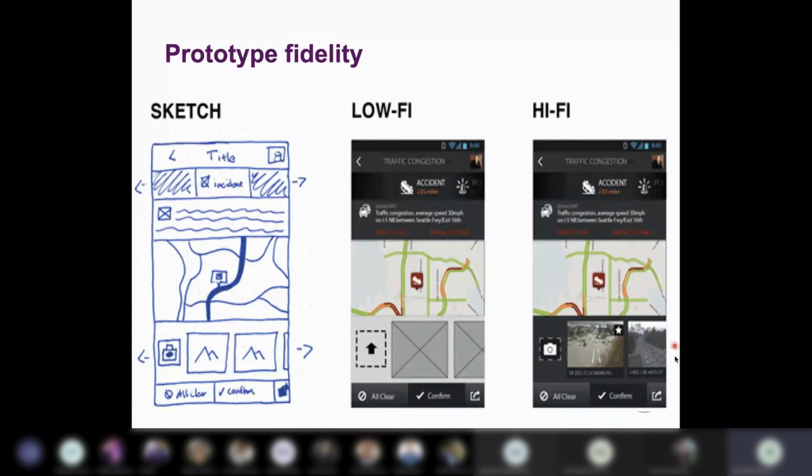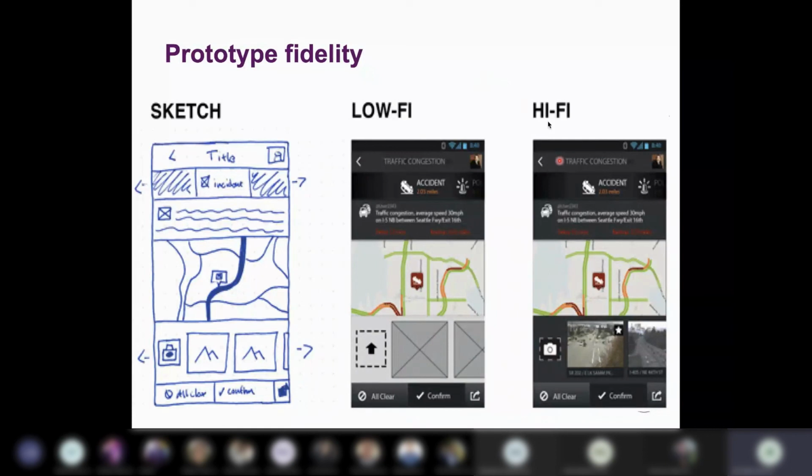This one is high fidelity, more close to reality, to the final product, and this one is less. But this is completely fine, because perhaps here you are testing something about the map itself. You are testing perhaps the notification, and that's entirely fine. It depends on what idea or assumption you're trying to validate.